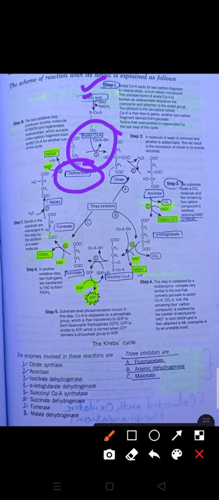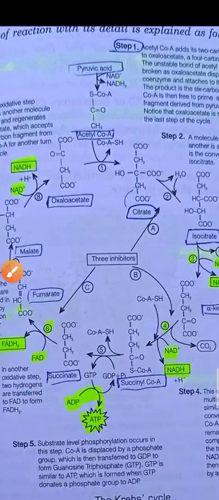Again I am telling you in simple language, acetyl CoA, from where does it come? From the pyruvic acid. Pyruvic acid changes itself into acetyl CoA, and when acetyl CoA reacts with oxaloacetic acid, it converts itself into citrate, or citric acid.